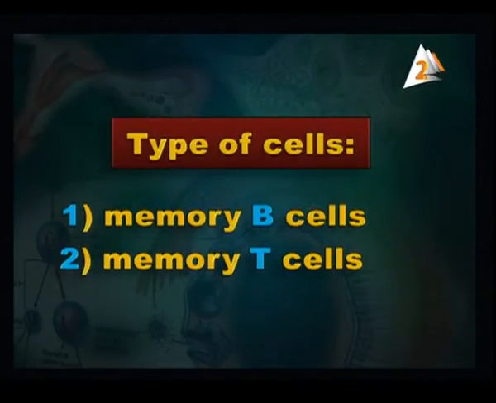The B cells and T cells, not memory B cells, memory T cells. Memory B cells and memory T cells can stay for a lifetime. But these B and T cells can survive only for a few days.